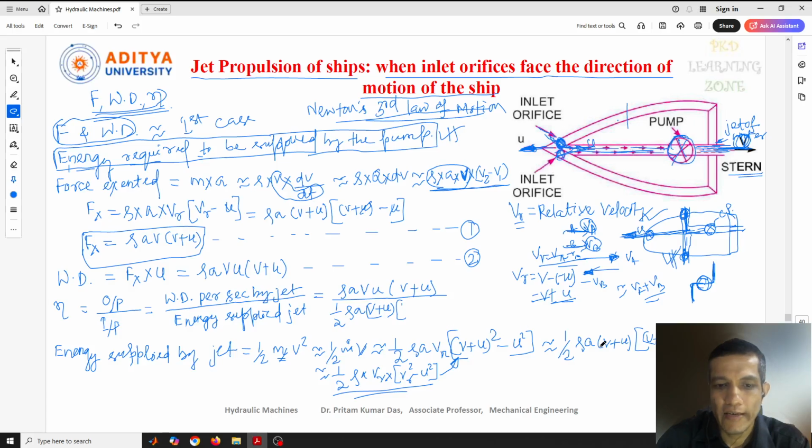Now this is actually the kinetic energy supplied by the jet. Now the same thing right here: v plus u square minus u square, bracket close.